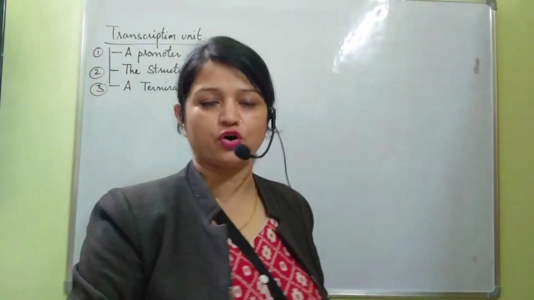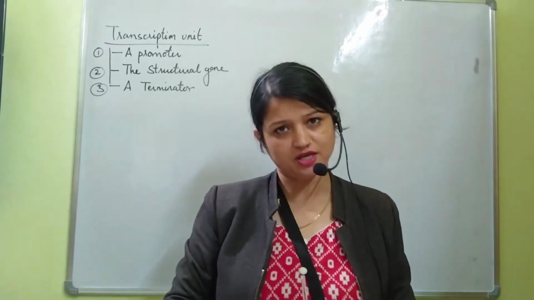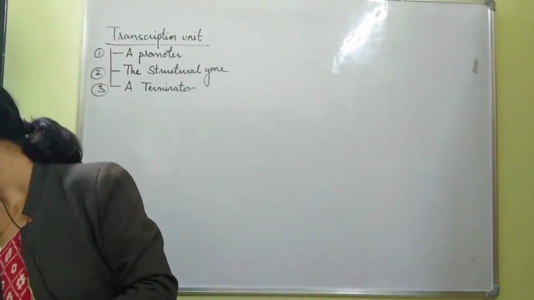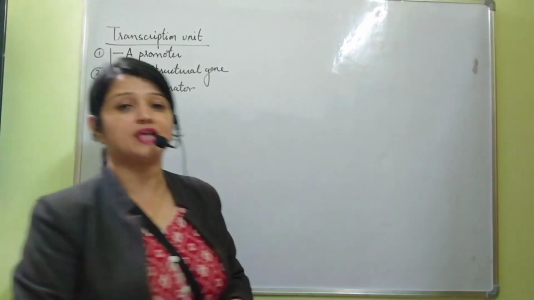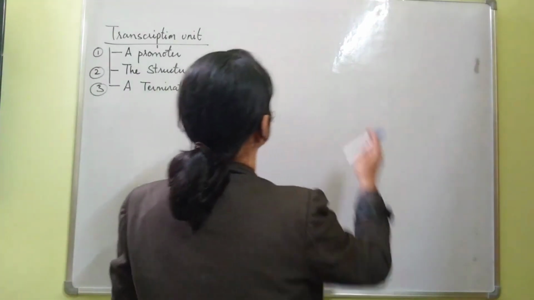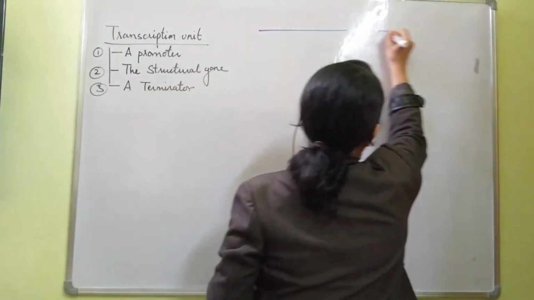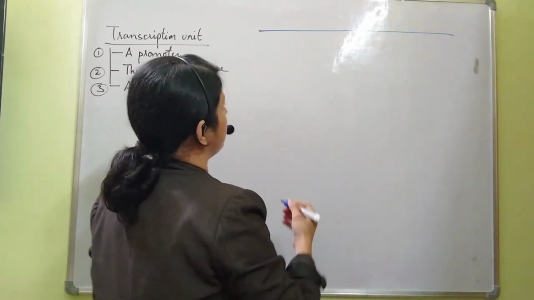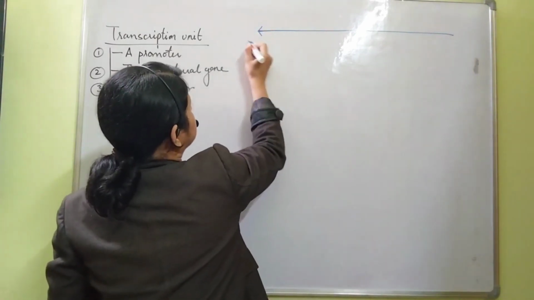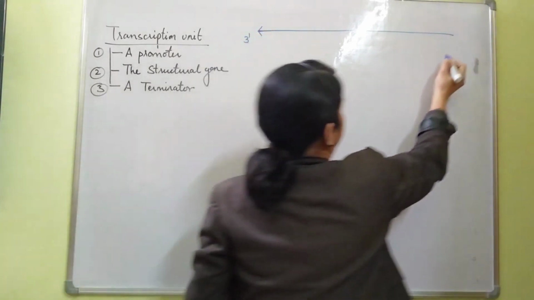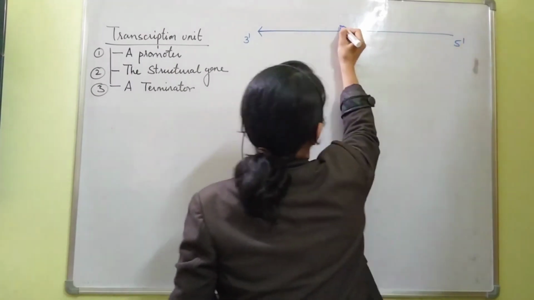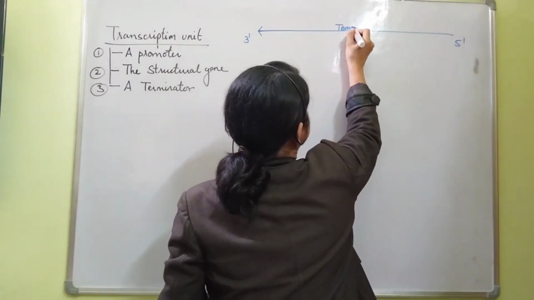First of all, we will draw the structure of a transcription unit. As I told you earlier, in a dsDNA, that is double-stranded DNA, there are two strands. The strand which has polarity 3' to 5' is known as the template strand.